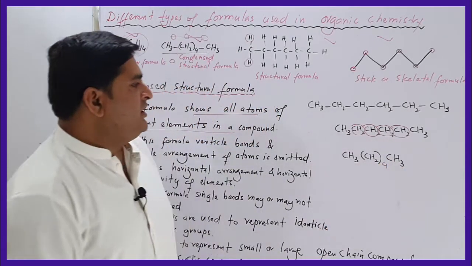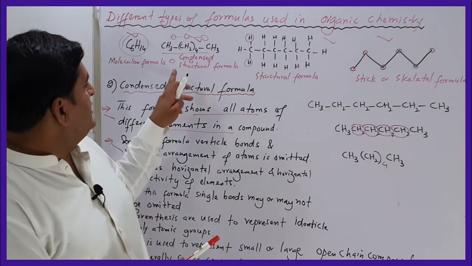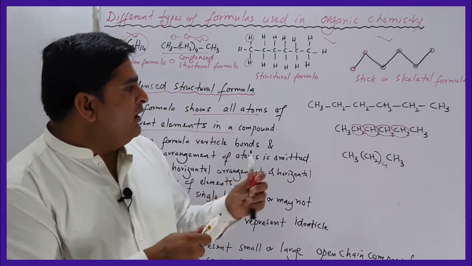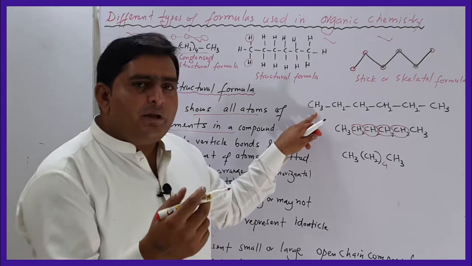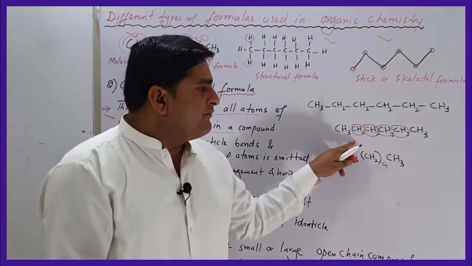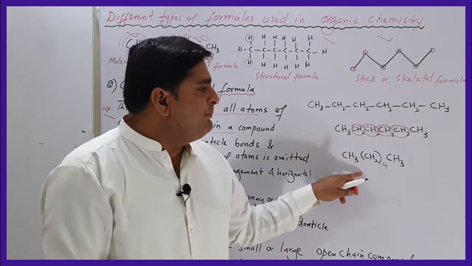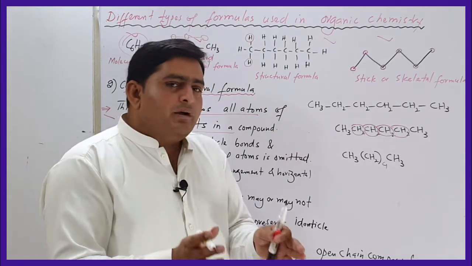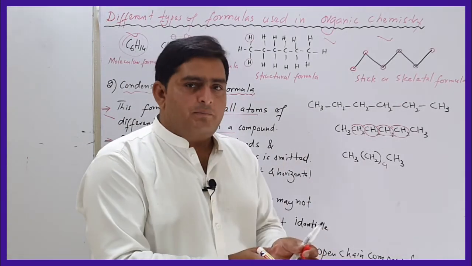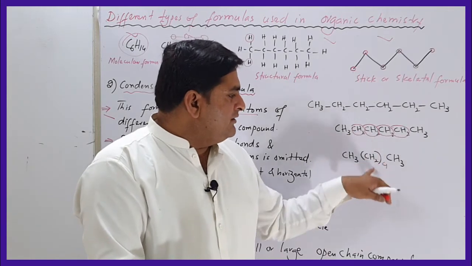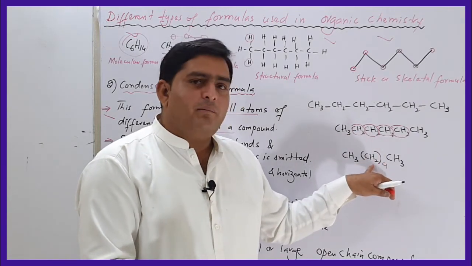These are the three possible ways to represent a condensed structural formula: we may represent single bonds, or omit them, or use parentheses to shorten the formula.